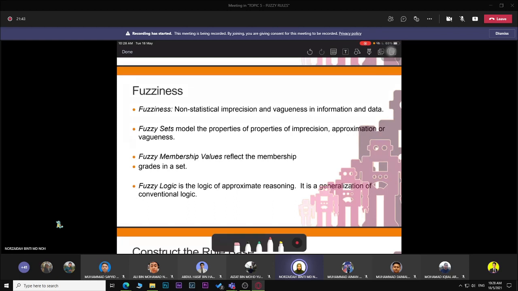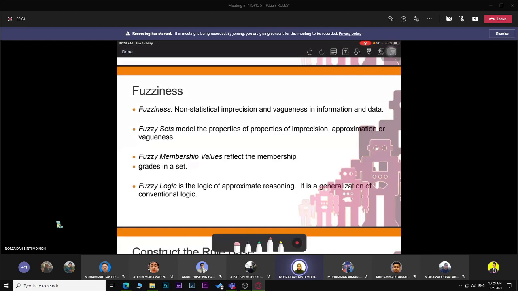Kalau kita boleh letak statistical value dekat situ, maknanya ada numerical value, sometimes it doesn't really be fuzzy sebab kita dah ada satu graph yang kekal macam tu. Jadi kita lebih kepada fuzziness when something is more linguistic. Okay, linguistic ni dia lebih kepada yang kita perceive or something. Okay, and then kita ada fuzzy sets.